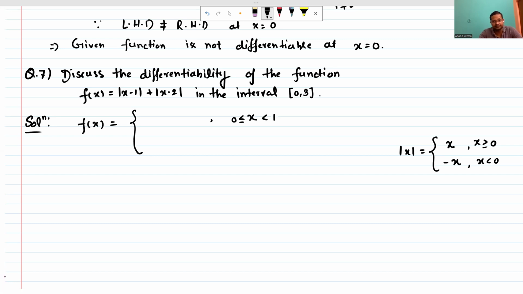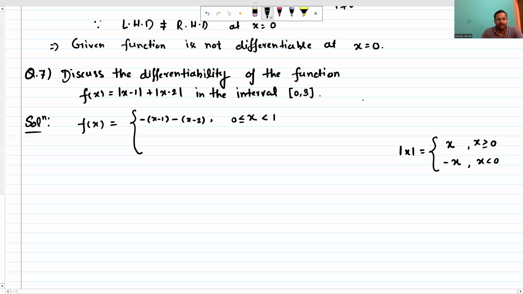So if I take x between 0 and 1, x minus 1 will be less than 0 and x minus 2 will also be less than 0. So both will open with their negative sign: minus of x minus 1, and minus of x minus 2.